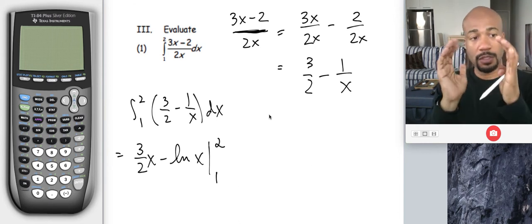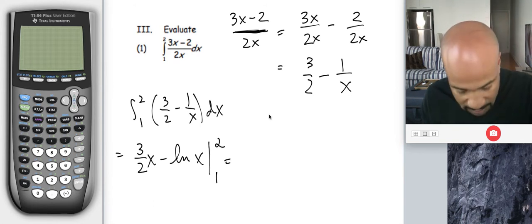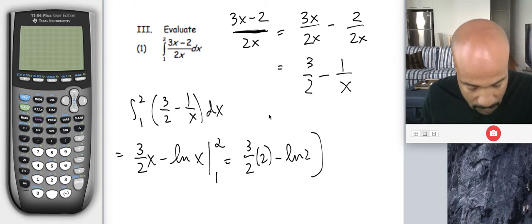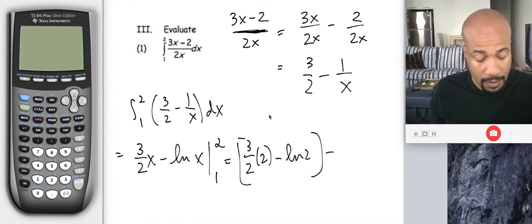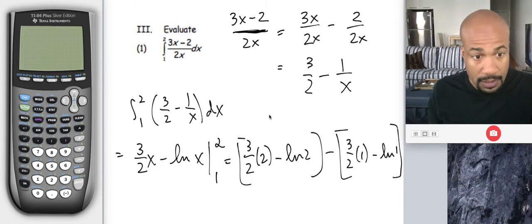So 2 is all calculated minus all of 1. That's going to be 3 halves times 2 minus the natural log of 2, so that's one section, minus 3 halves times 1 minus the natural log of 1. Okay, good. So what does that give me?